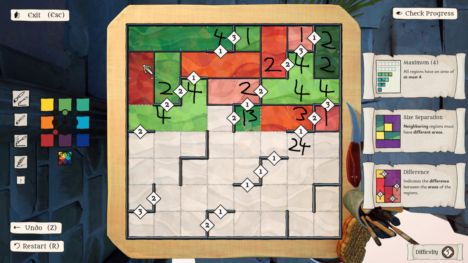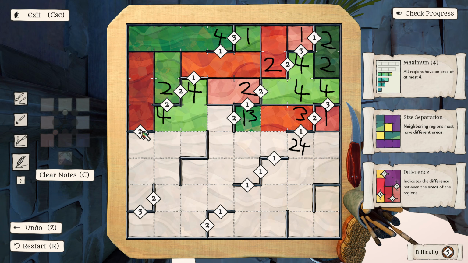Can't do that, leaving this. So that must get a line. I swear I did this earlier and it was apparently wrong. So that has to be a 3. There's no other way we could do a 1 and a 2 that doesn't have something touch the 2. So 3 minus 2 is 1.